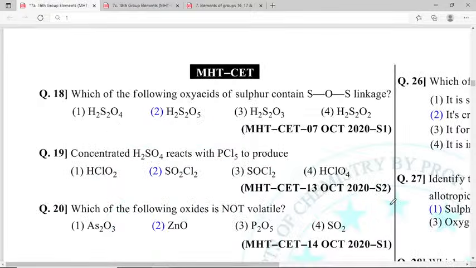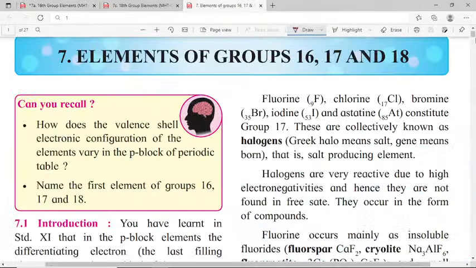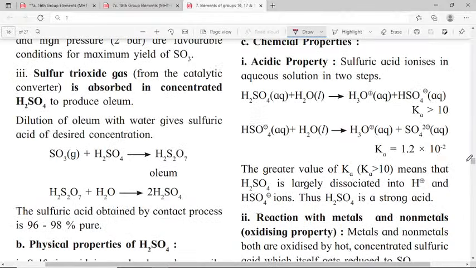Which of the following oxoacids of sulfur contains a sulfur-oxygen-sulfur linkage? H2S2O5.